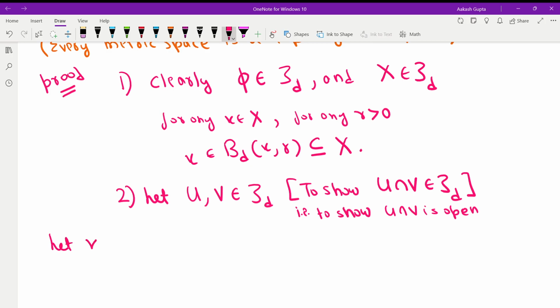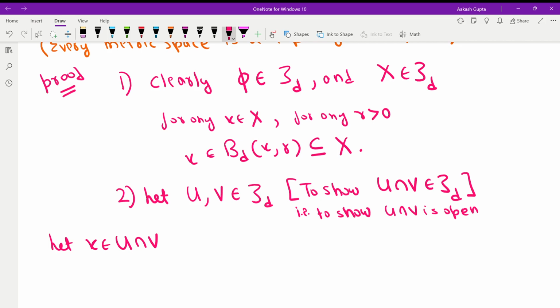How do we show a set is open? Let x belong to U intersection V. We should have a ball centered around x which is wholly inside U intersection V. The better language is wholly inside, completely inside. If two sets intersect, we could say that set is somewhat inside because it's intersecting.